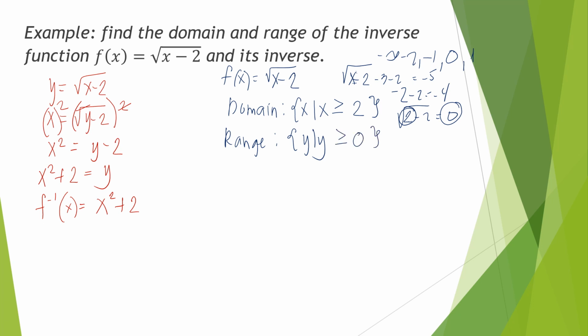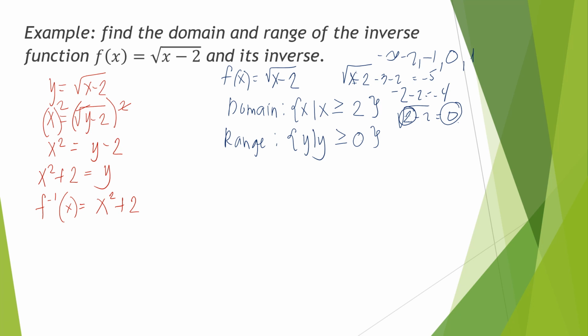Because the range is the output, okay? Our input is the domain. So when 2 is used, the output is 0. When we use 3, 3 minus 2 is 1, so the output is square root of 1, which is 1. So our range is 0 up to positive infinity. Okay? So, that is our range.